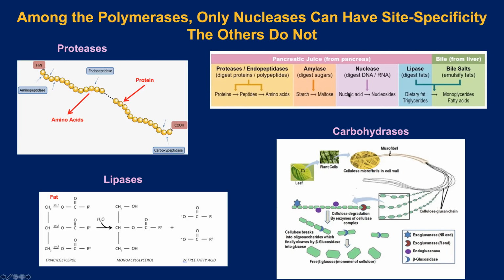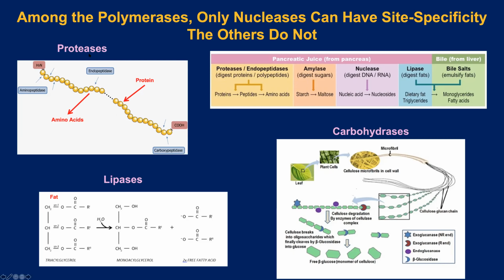Nucleases convert nucleic acids to nucleosides, and lipases digest fats. Now we're going to focus on the nucleases. But first, I'd like to illustrate the non-specificity of these other enzymes.